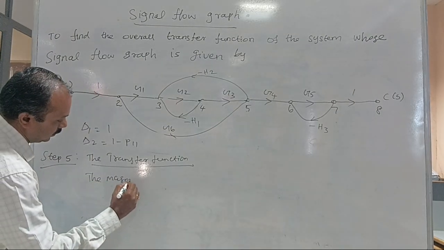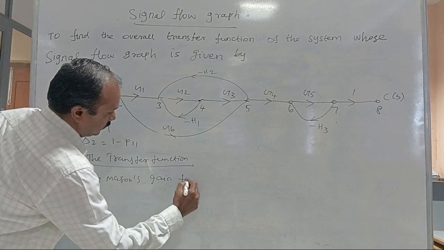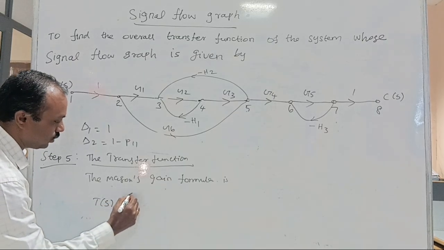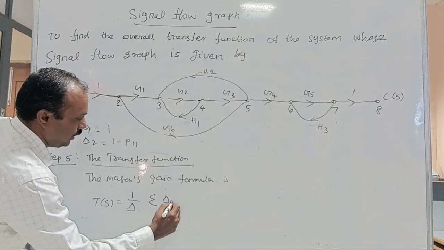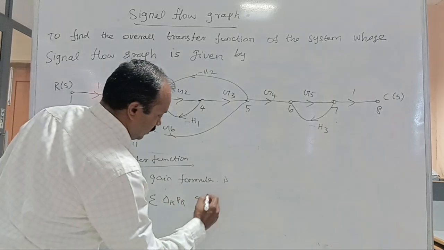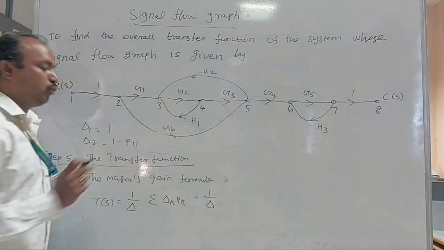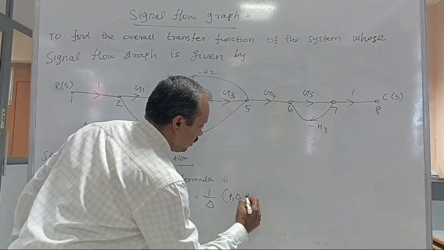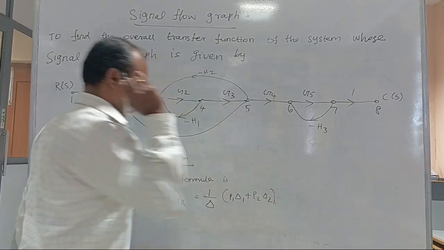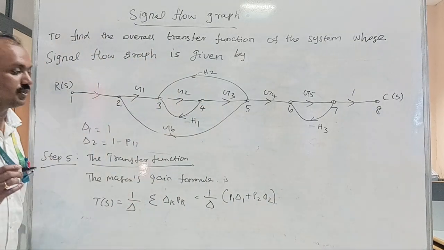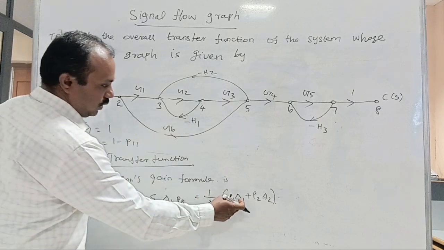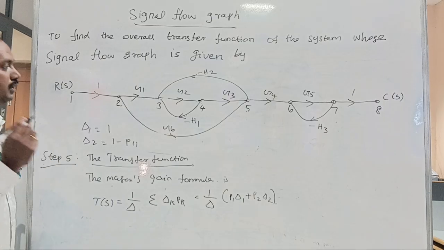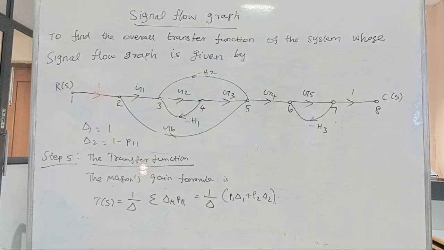For the signal flow graph we use Mason's gain formula: T(S) is equal to 1 by del, sum of P K into del K. Here 2 forward paths are there, therefore it is 1 by del, P1 del 1 plus P2 del 2. This is the final transfer function formula. With the values of P1, del 1, P2, del 2 and del, we find the overall transfer function of the given system. That's all about the signal flow graph problem.